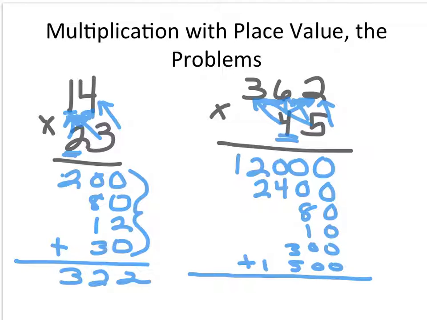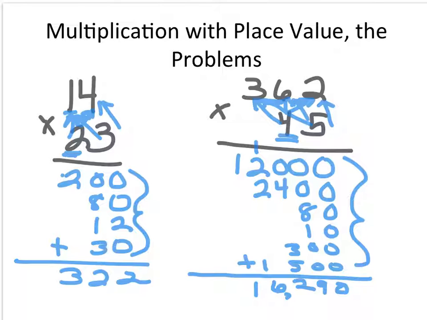If you did this in a different order, these numbers may be arranged differently, but they should all be there. The numbers should be the same. So if I add these together, I have 16,290.